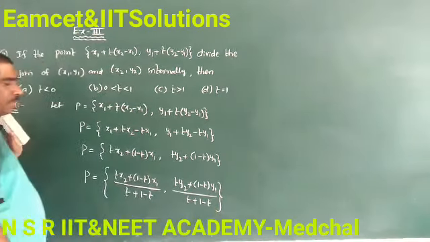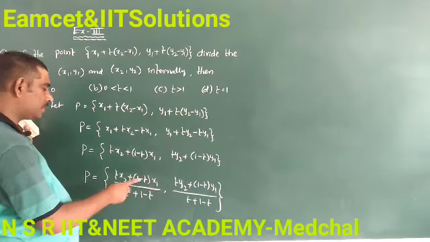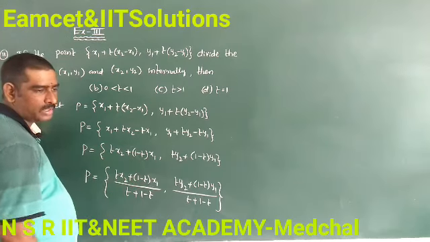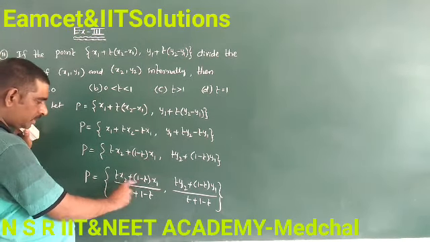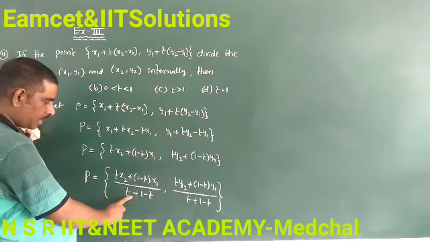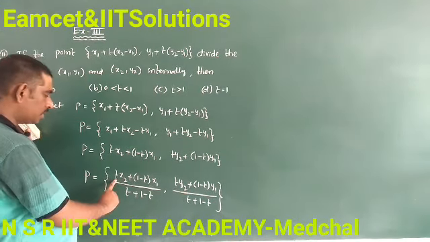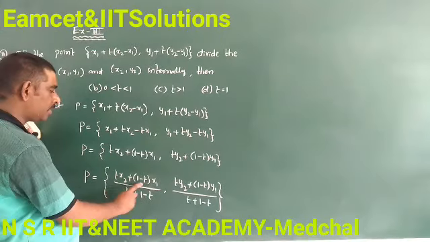So it is the form of the point p dividing (x1, y1) and (x2, y2) in the ratio t is to 1 minus t. See here, this is m and this is n: mx2 plus nx1 by m plus n, my2 plus ny1 by m plus n. So here the m and n values are t and 1 minus t.